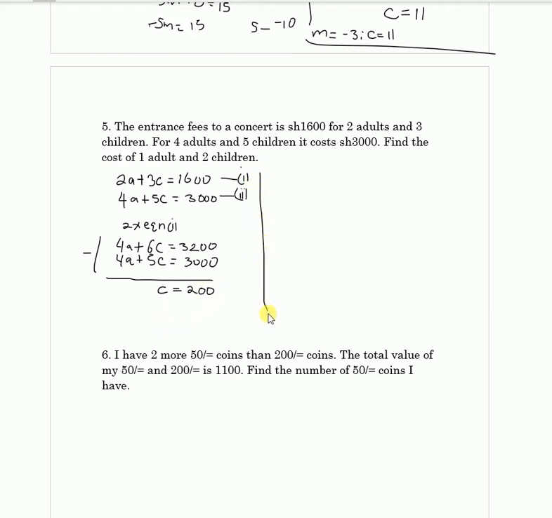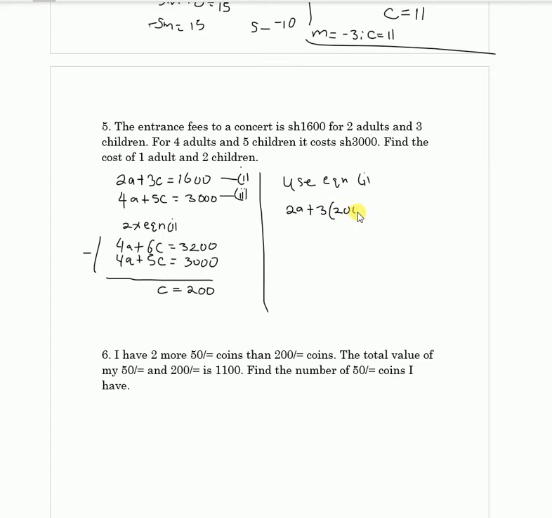Now if c is 200, I shall use equation 1, and I have 2a, because I'm now looking for a, plus 3c. But what is c? It is 200.